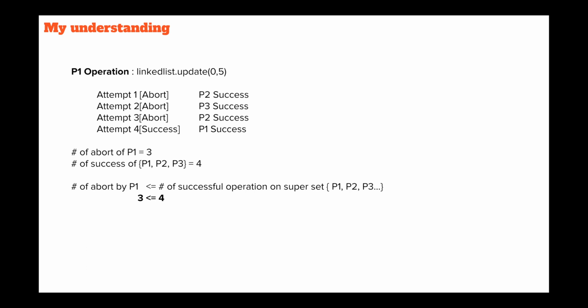So if we consider P1's operation as a series of attempts, then in attempt 1, if it aborts, then someone like P2 succeeded, and in attempt 2, if it aborts, P3 succeeded, and attempt 3 aborts, P2 succeeded again, and then attempt 4, if it's a success, then obviously P1 succeeded. So the number of aborted attempts by P1 is 3, and the number of successes overall is 4. So the number of aborts by P1 is always less than the number of successful operations on that superset.